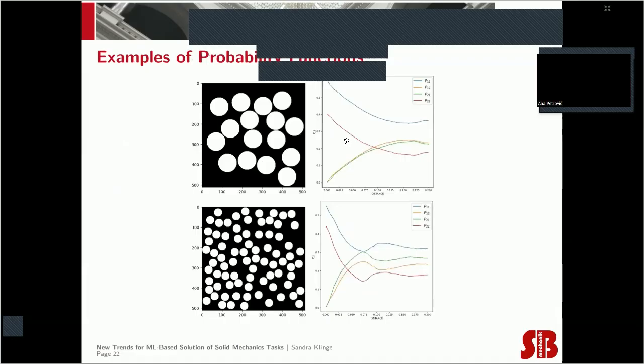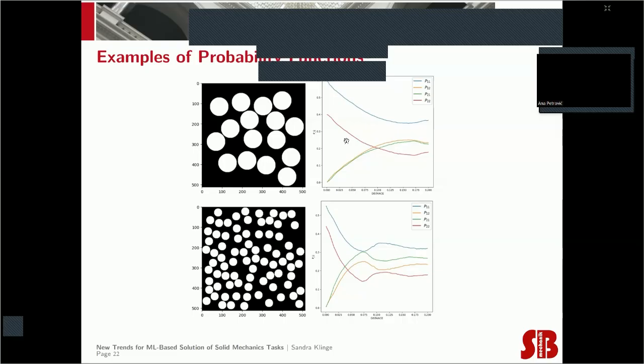So first, I need to know how these correlation functions look. We chose two examples here. Here we have a heterogeneous material with a small number of large inclusions, and here a heterogeneous material with a large number of small inclusions. Here the correlation functions have a very smooth behavior, but here a rather wavy behavior.